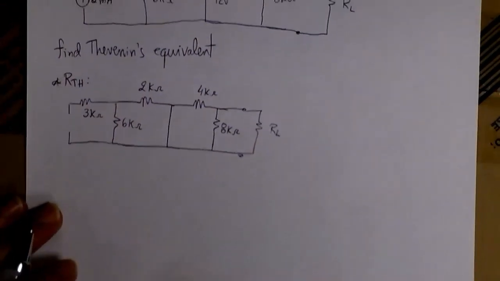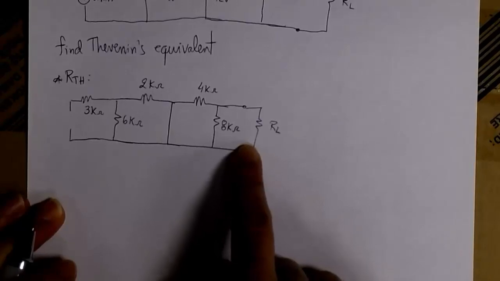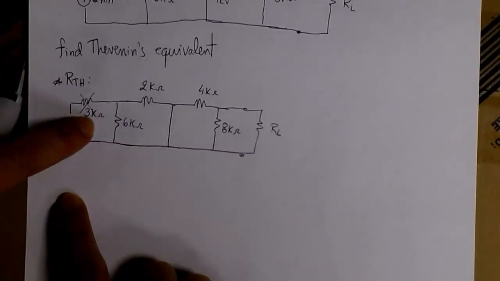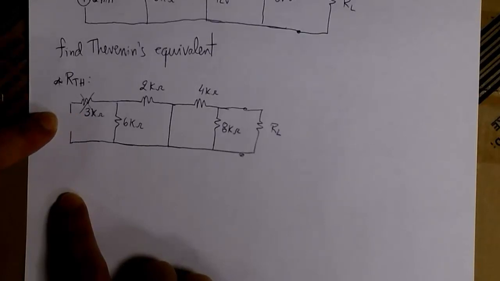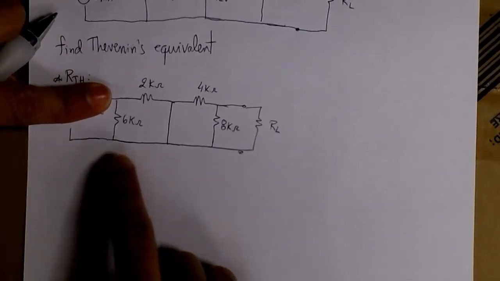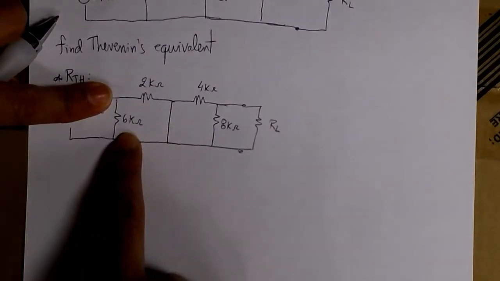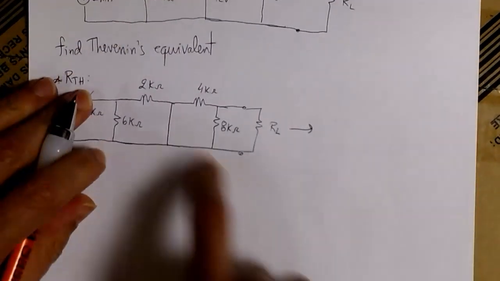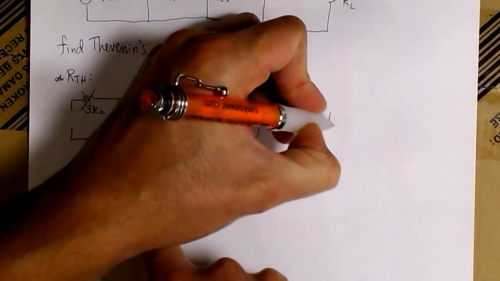Now we have to simplify the circuit to get just one resistor connected between the 2 points of the load. We have the 3K disconnected, so we can just remove this because we have an open circuit there. Now we have 2K and 6K in series, so we can just combine them in one.